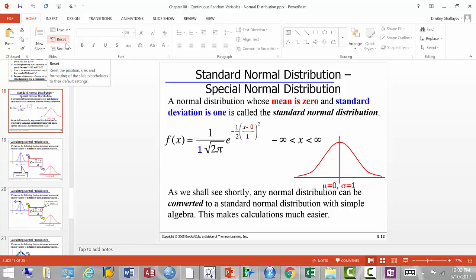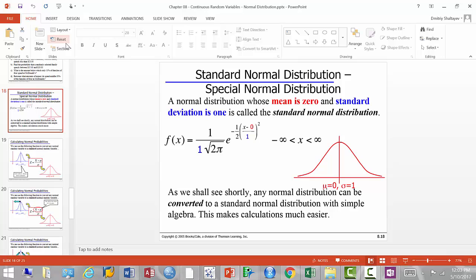Some numbers that we're comfortable with, psychologically satisfying numbers. So they said, mean equals 0 sounds like a good deal. Let's set the mean equal to 0. And a standard deviation of 1, let's do that, okay? So sigma 1 and mu 0, that combination gives you the standard normal distribution.